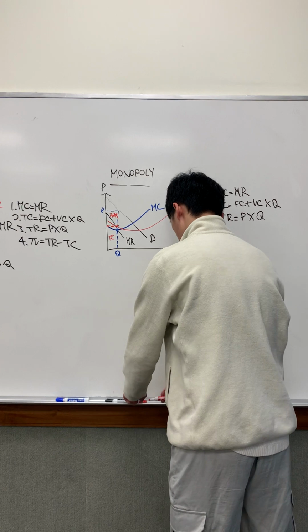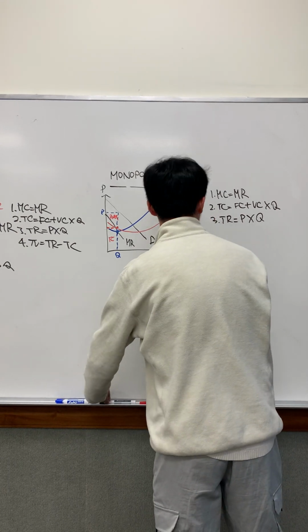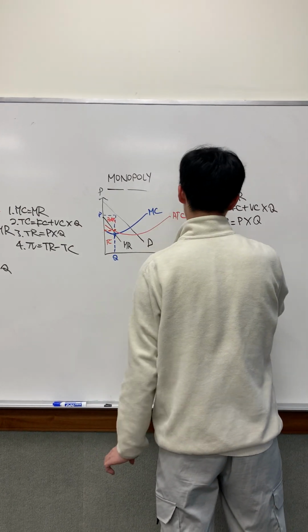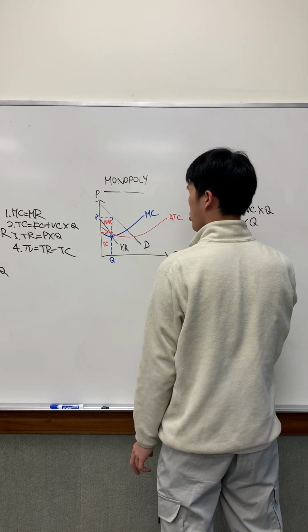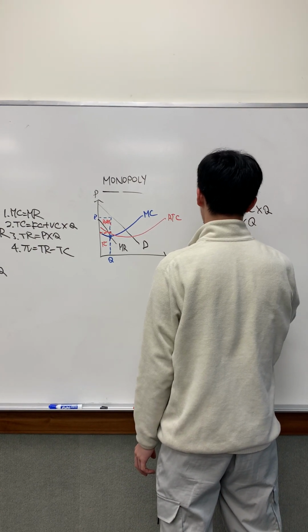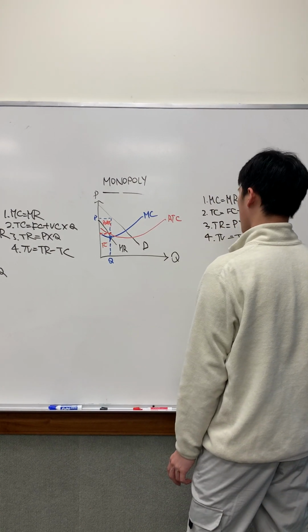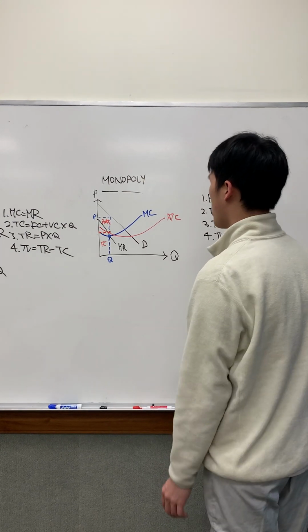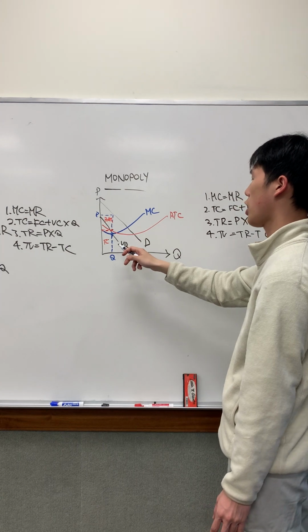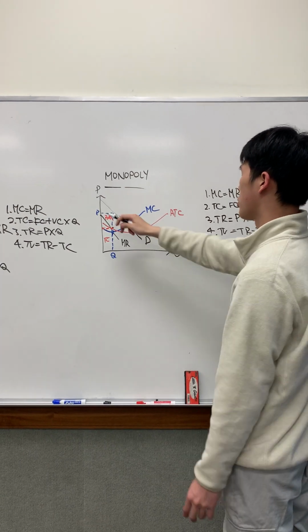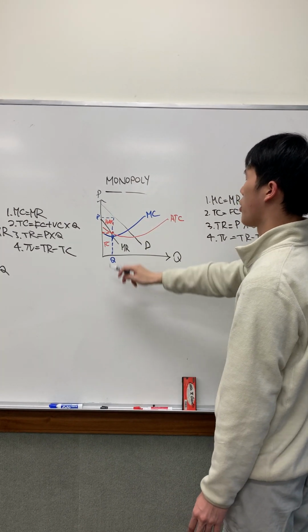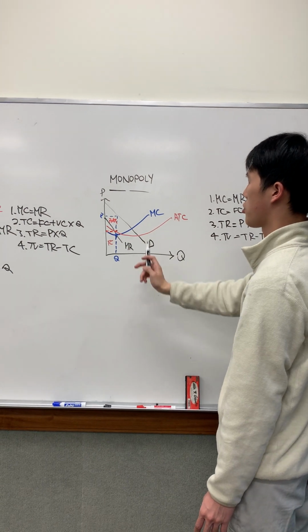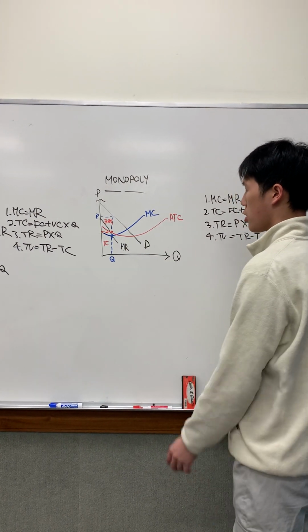Same reason: the profit is going to equal total revenue minus total cost. So when you find out what the total cost looks like, and we also have the total revenue, which is the whole area of price and quantity, subtract total cost and you find the profit.